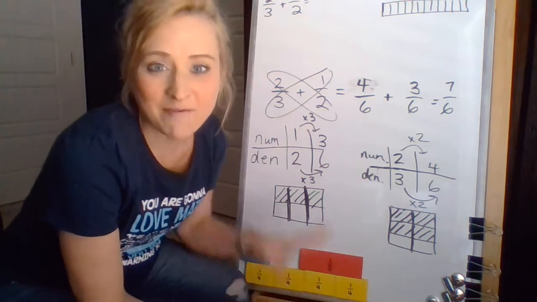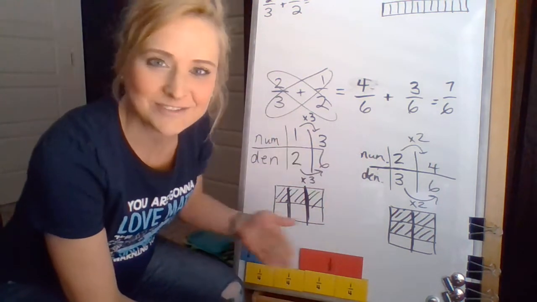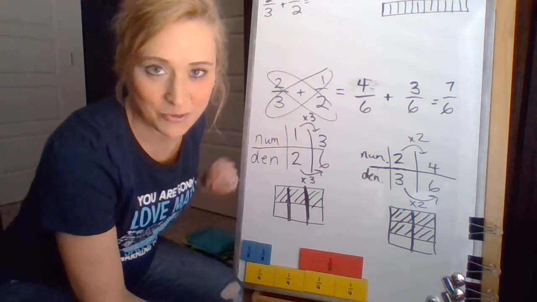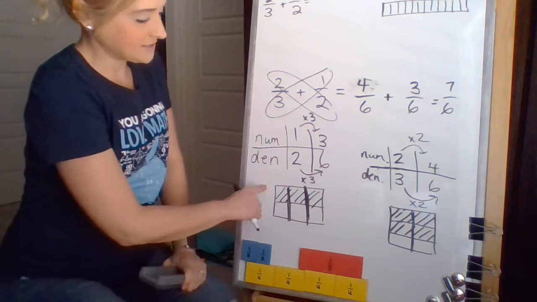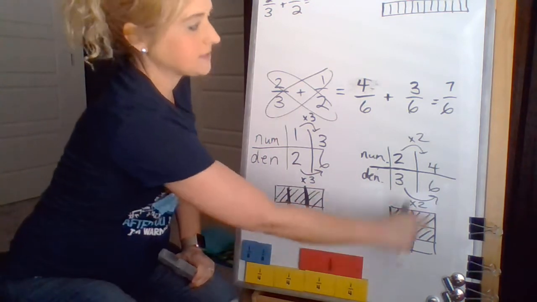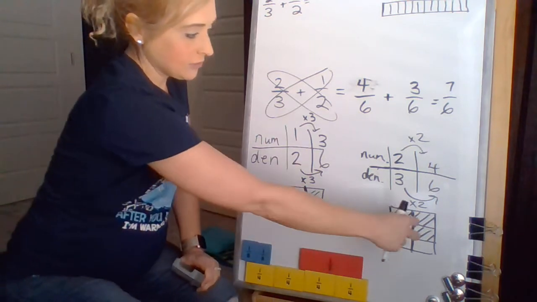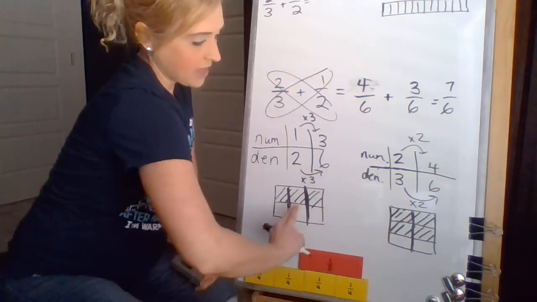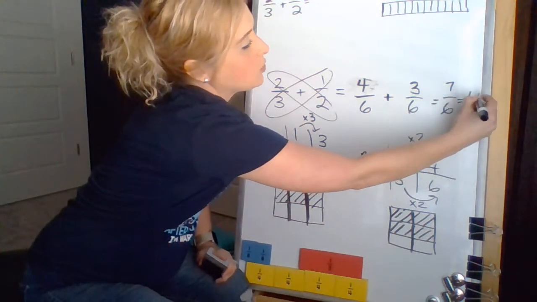And I love how you can so easily draw that out and prove it. I just think it's very cool. I love math, yay. So when you add these pieces together, you got the same size pieces, 1, 2, 3, 4, 5, 6, 7, 6 in all. Which is, if you put these 3 pieces over here, you fill up that whole, and you have that 1/6 left over. It's the same as 1 and 1/6.